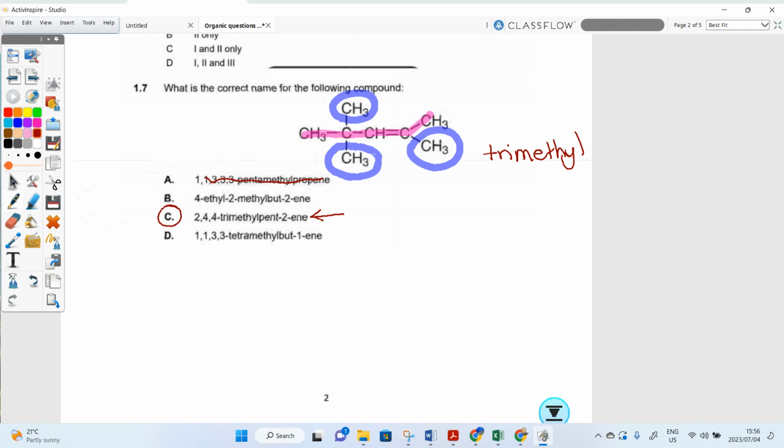Now, why don't we name that double bond? Pentene. I didn't even have to go that far because the only one that has trimethyl is this one. So we already know it's there, so I didn't have to think further. I'm confused because you're supposed to go from the side of the double bond. I always thought you're going from the right side. Guys, please look here for the numbering for this one.